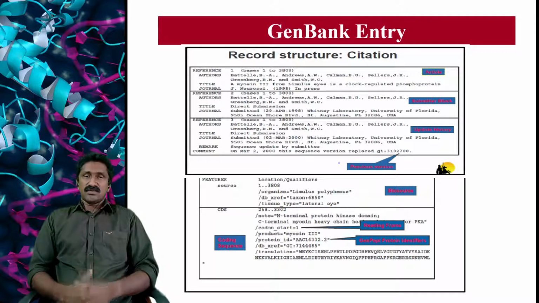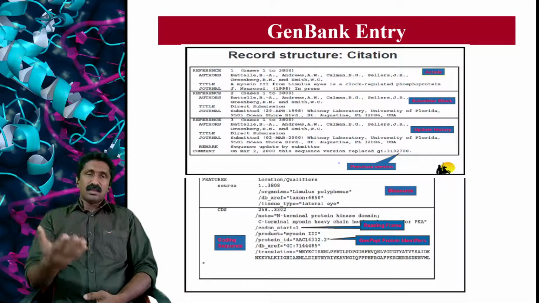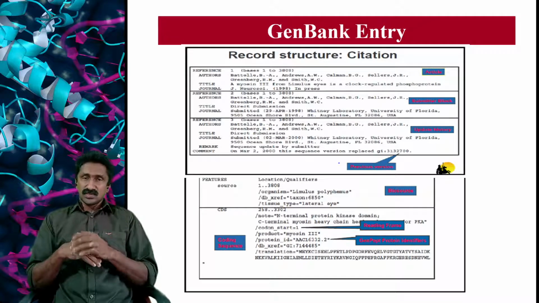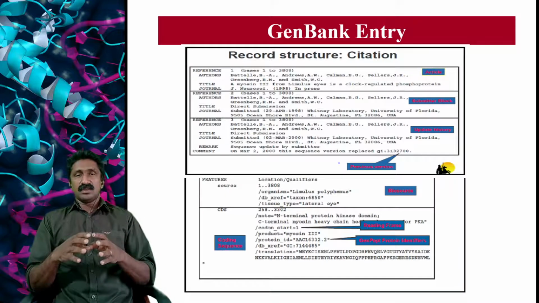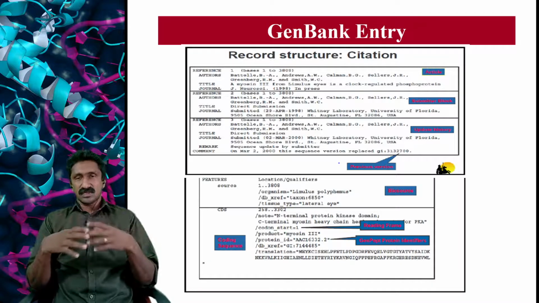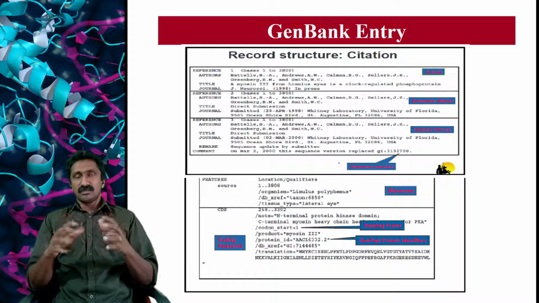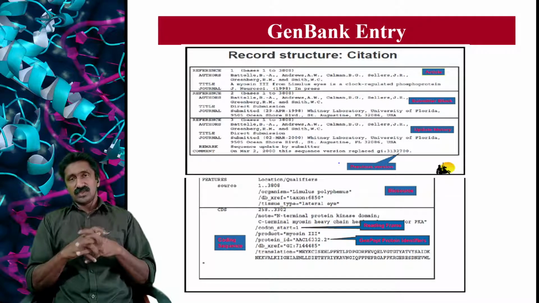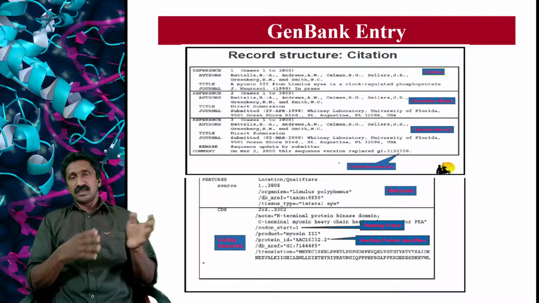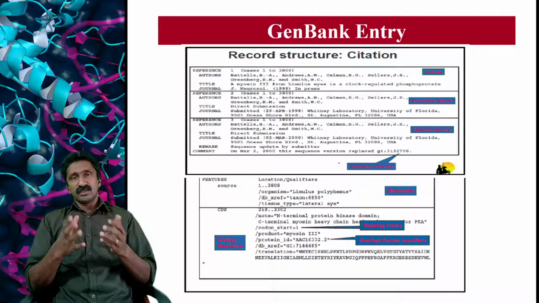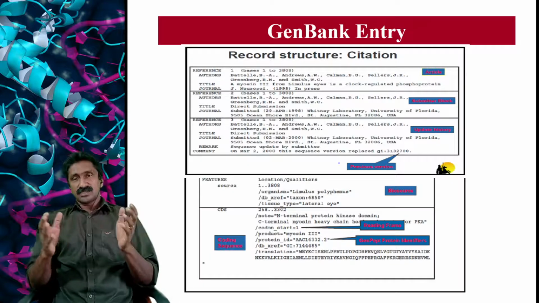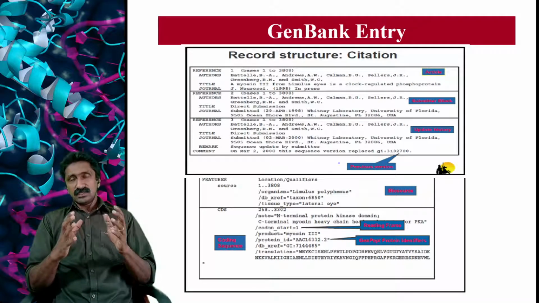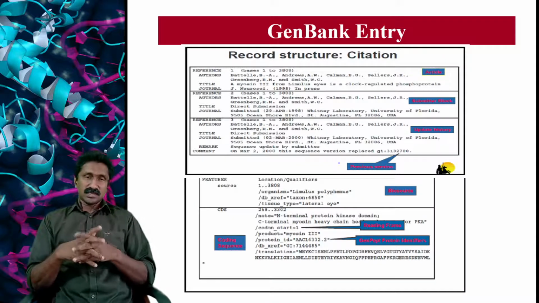So if you read these flat files, you can understand all other related information about the sequence. As I mentioned, it's not a simple sequence that is submitted, but it is attached with all other descriptions and related information, and that can be retrieved from the database. So the sequence data in a primary database like GenBank were stored as flat files with all the related descriptions or annotations, and that's why it is called curated.